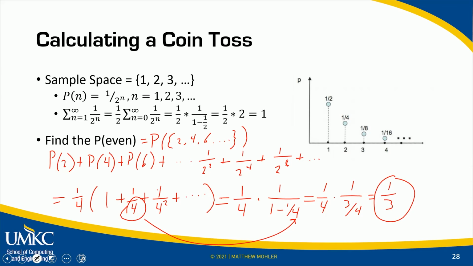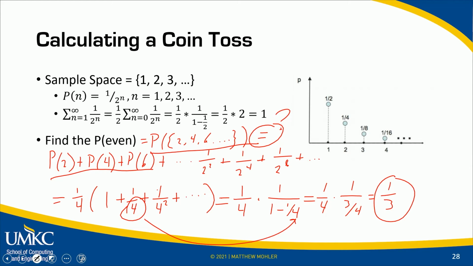One of the things that we haven't proved at this point is that we can do this. We kind of used an assumption here, which was to say that the probability of this set is equal to the sum of each of the outcomes. And this we don't know.